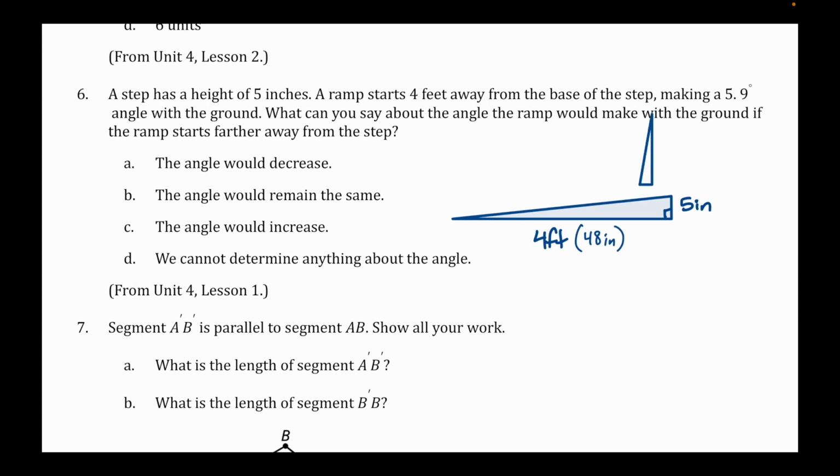The closer I get it, it would actually snap to be 90 degrees as a straight line. So as I move this further away, the height of the step is the only thing staying the same, and the right angle. The angle that I'm dragging away from it is going to decrease the further away it gets.